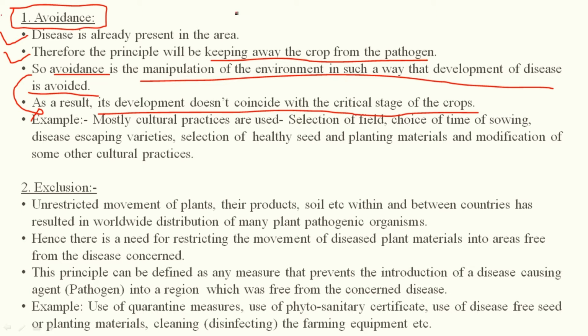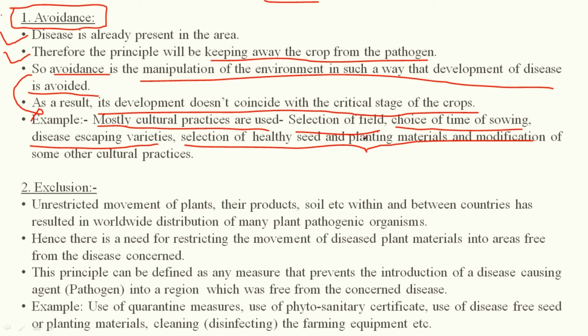For example, what strategies can we take? Mostly cultural practices: selection of the field, choice of time of sowing, disease escaping varieties, selection of healthy seed and planting materials, and modification of some other cultural practices. These are the strategies we have to take to achieve avoidance.